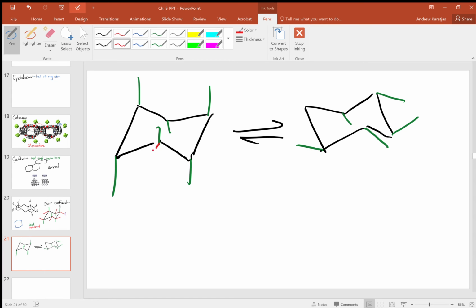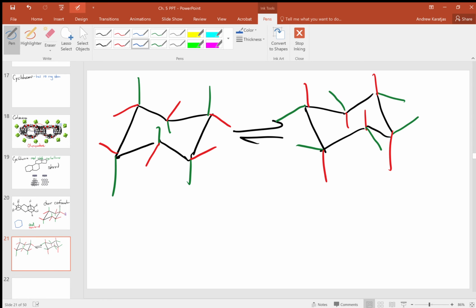And all of the red ones, which were equatorial, will become axial. Like that.